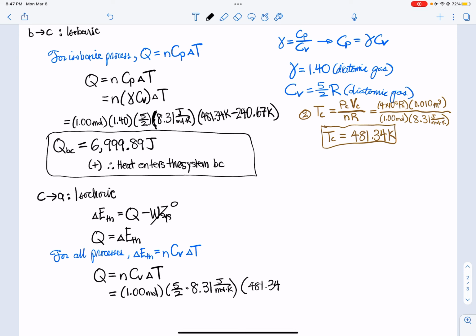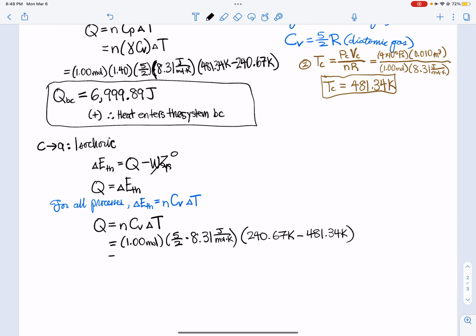Or sorry, no. Because I'm going from state C to state A, I have to use the temperature at A first, my final temperature. So the temperature at A is 240.67 Kelvin, right? That's the same as the temperature in B, minus the temperature at C, which is 481.34 Kelvin.